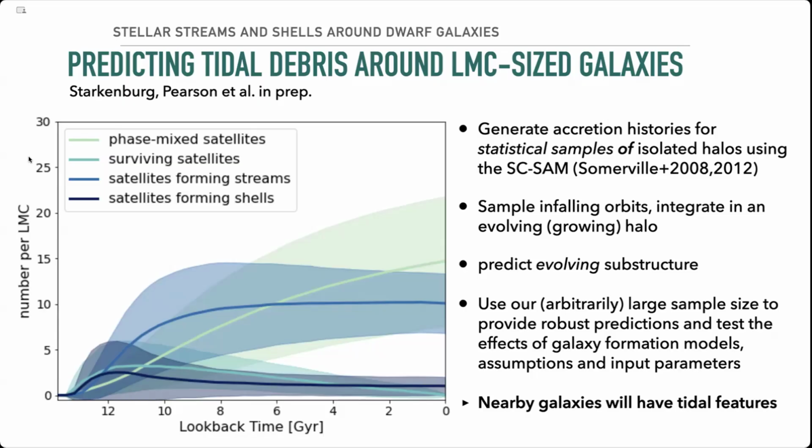Any satellite that falls into an LMC could have an extremely low stellar mass to halo mass fraction. And so even though it dynamically will form a shell, you might not see that in the stellar distribution. There might be too little stellar mass to actually give you a visible shell. For the same mass ratio merger for a Milky Way, the satellite will be more massive in stellar mass. And so you would actually see a shell.